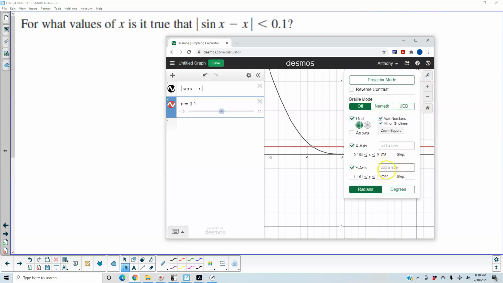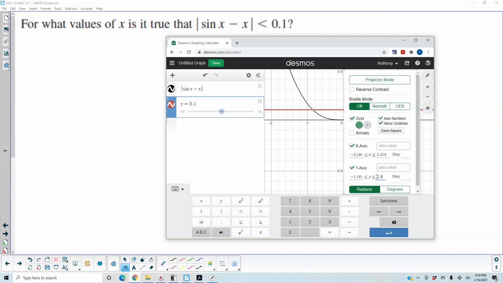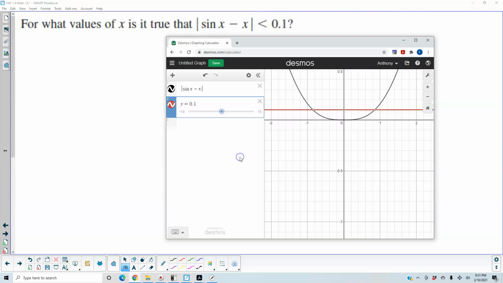So maybe for the y value, let's go to 0.5. Okay, so what we're looking at here is now this is the graph.